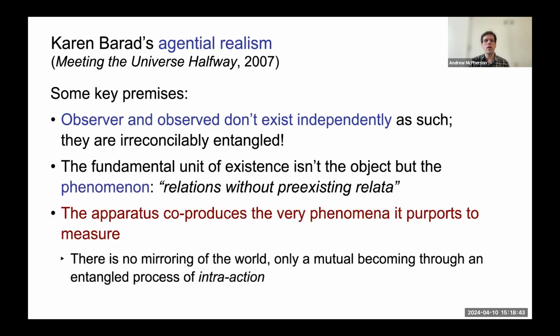To put it another way, the apparatus co-produces the very phenomena it purports to measure. It's not about making a representation of the world or turning a mirror on the world. There's a process of mutual becoming through what Christopher's already talked about, this process of, quote, intra-action.